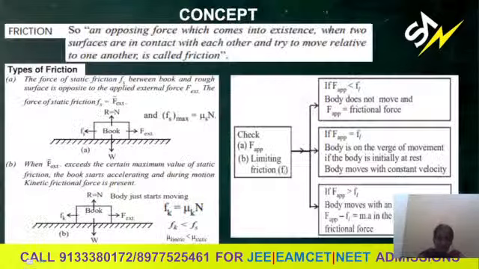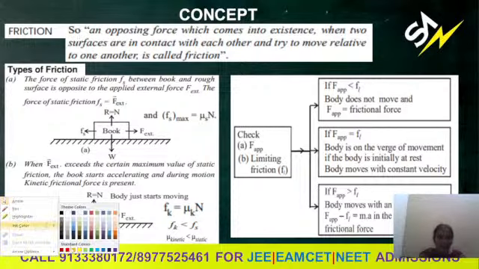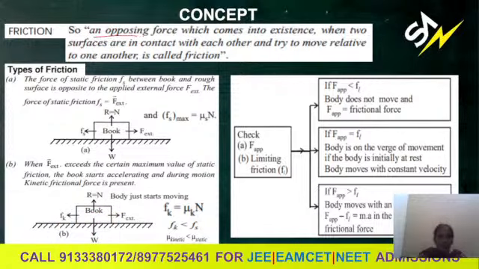So the concept is friction. Already we gave the introduction about this in part 1. It is also a type of contact force when two bodies are in contact with each other. An opposing force which comes into existence when two surfaces are in contact with each other and try to move relative to one another.